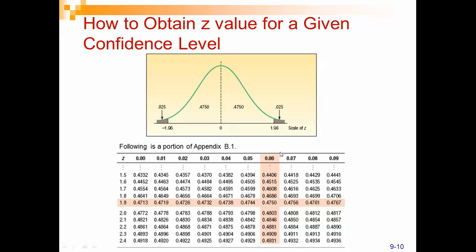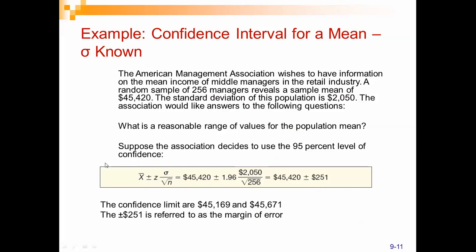So now we have the last piece of information that we're missing, the z-score, and we can start filling in the rest of the formula. This is just restating the scenario here. We can go down to our formula, which should look familiar by now, and start plugging in our values. There's our 45,420, which is our point estimate, also known as our mean.